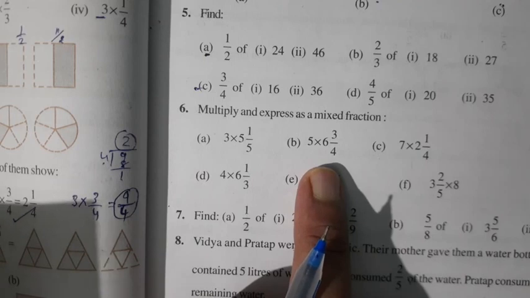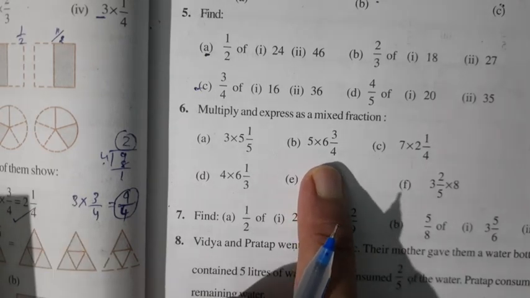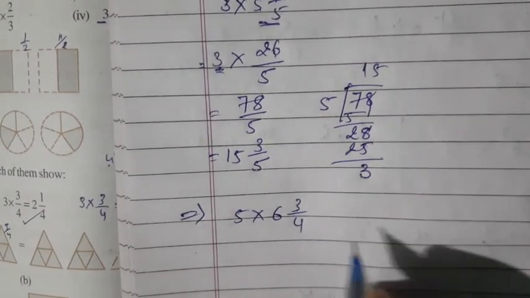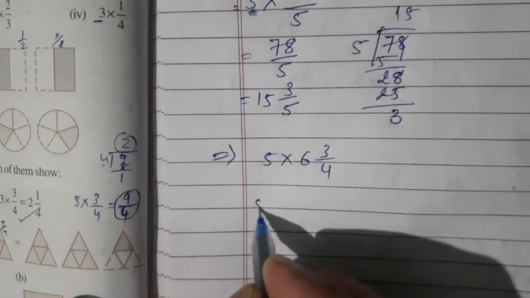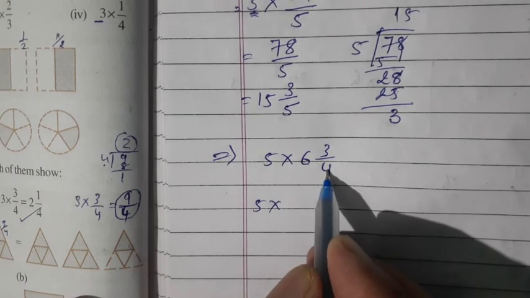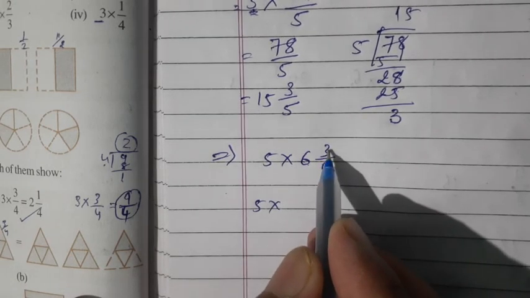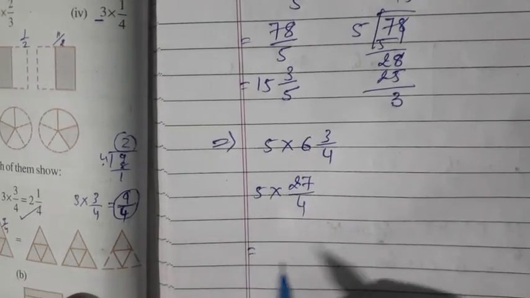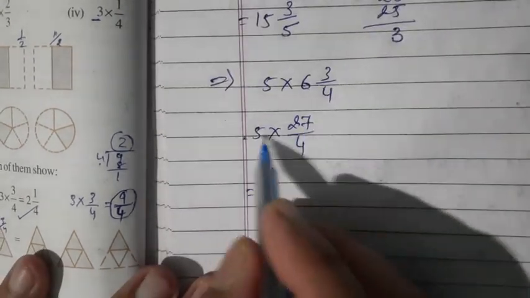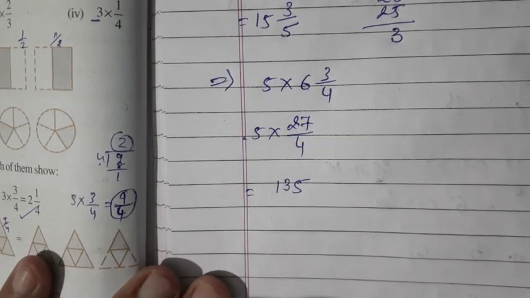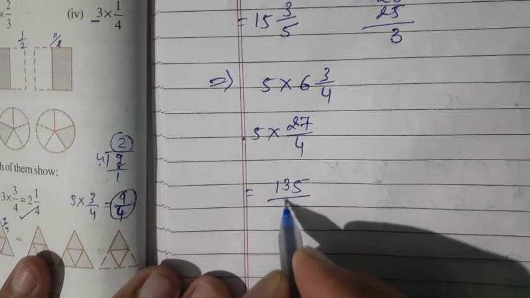Suppose we solve the second one. 5 into 6 integer 3 upon 4. Convert this one into fraction form. 6 4s are 24 and 3, 27 divided by 4. 27 5s are 135 divided by 4.